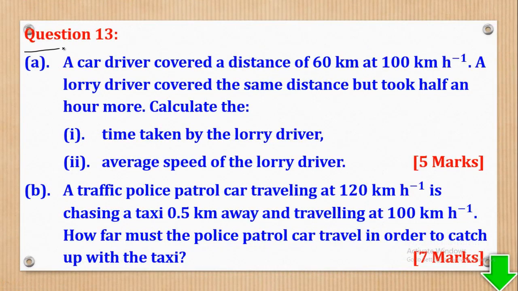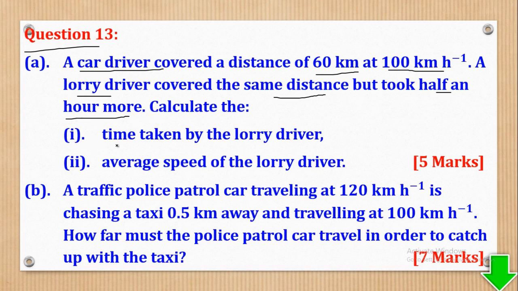So now we shall go to question 13. Part A says a car driver covered a distance of 60 kilometers at 100 kilometers per hour. A lorry driver covered the same distance but took half an hour more. Know that the words half an hour more mean 30 minutes.